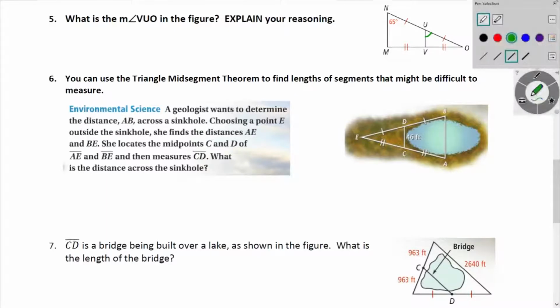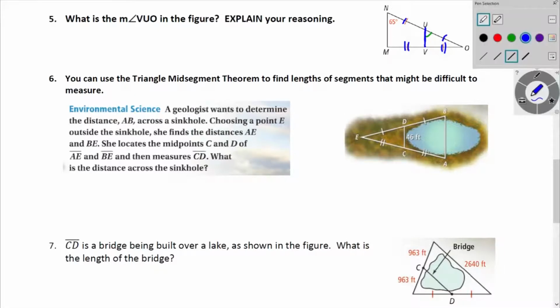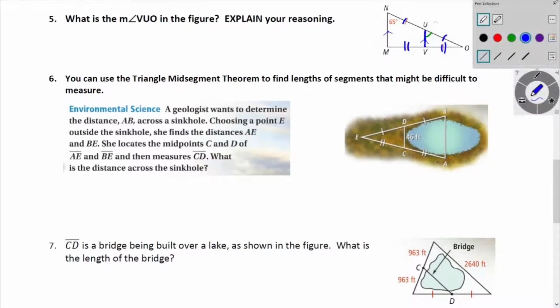Looking at the diagram, I know that this length is the same as this length, and this is the same as this, which means that U and V must be midpoints, which means UV must be a midsegment. Now, the midsegment theorem states that this is parallel to the third side. That's important for us. I'm not asked anything about lengths in this problem.